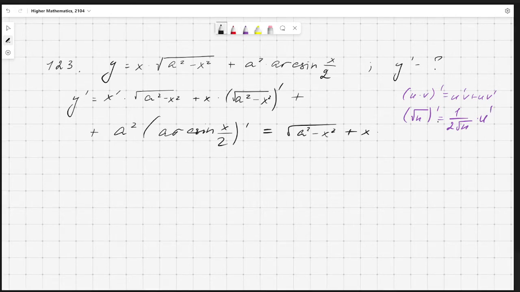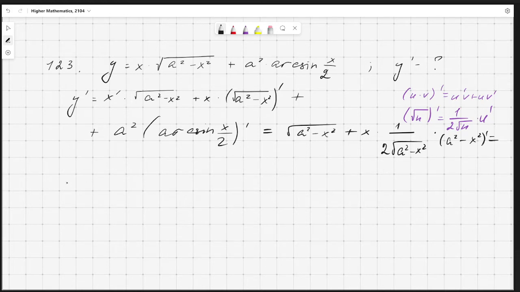It means we can write down 1 over 2 square root of a squared minus x squared times a squared minus x squared prime.